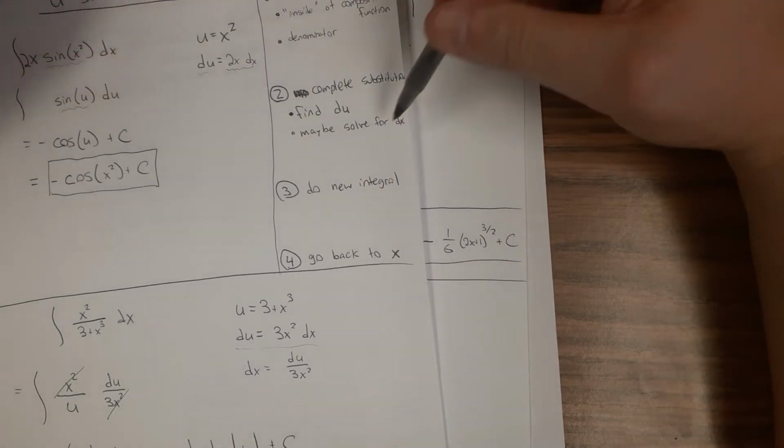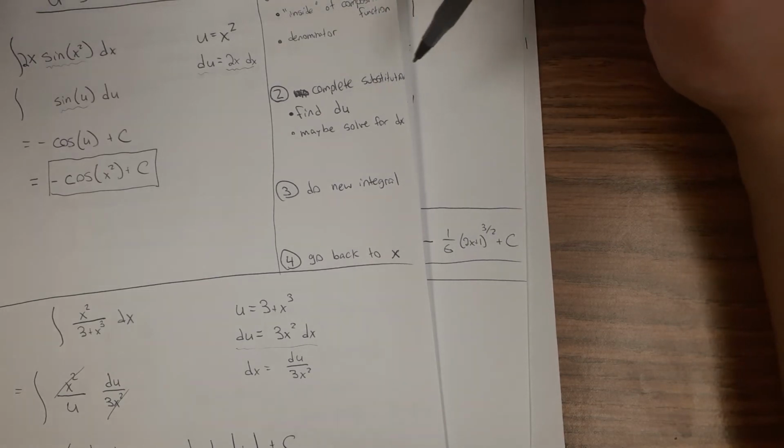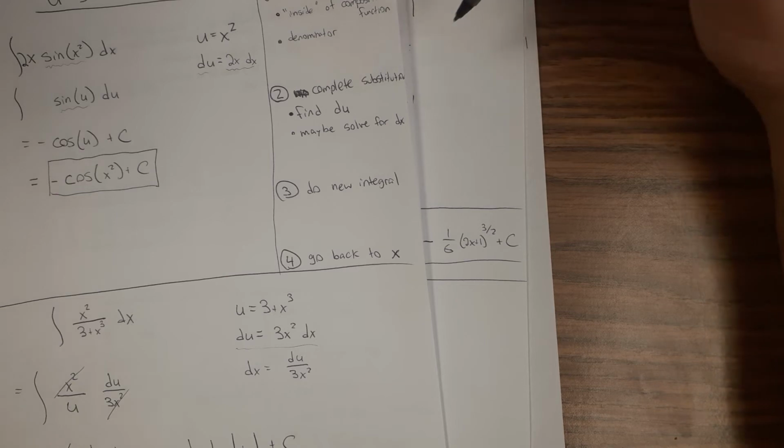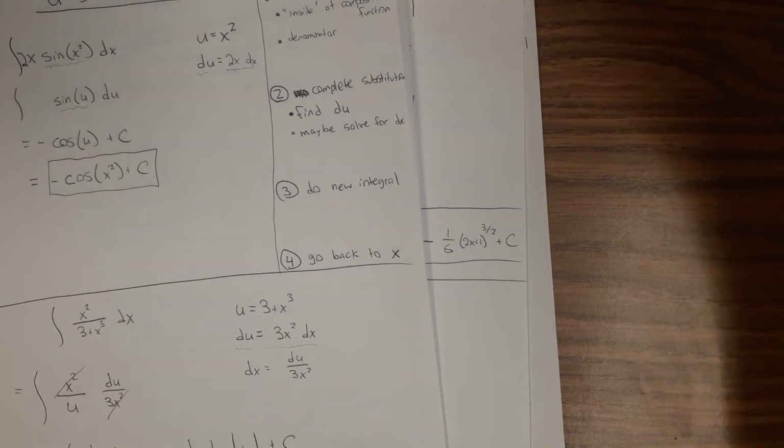This is something that we've often done. Du is going to be whatever the derivative of u is, and then I write a dx there. Then the next thing I'm going to want to do is replace dx because I'm trying to complete the substitution, and what you can always do is just solve for dx.